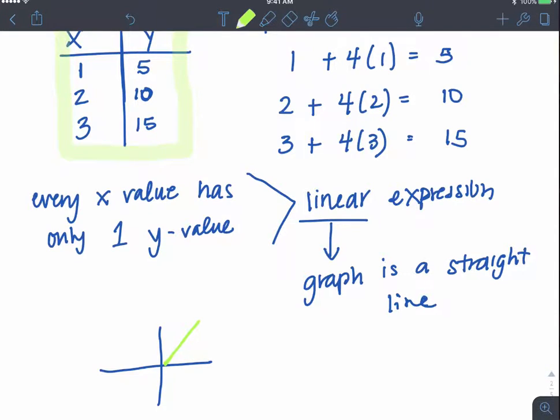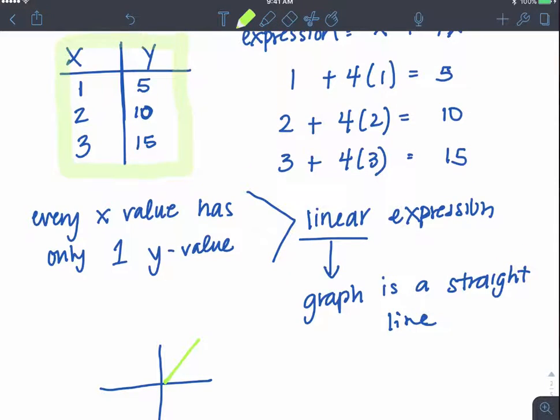Okay, so that's just a simple way to see if something is linear or nonlinear. Try to write out a table where you pick a few x values and see how many y values there are for each one.